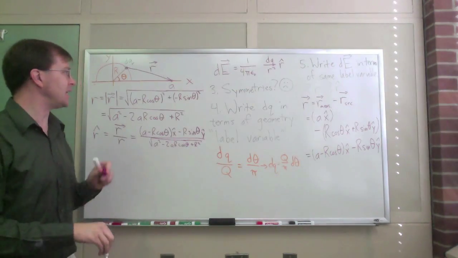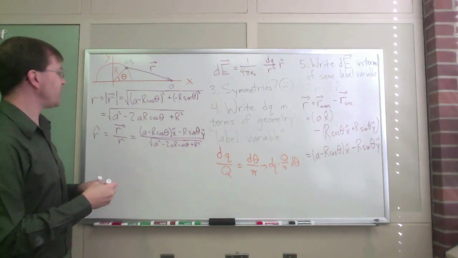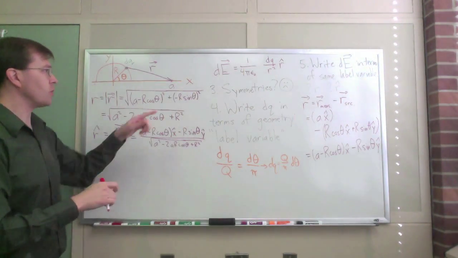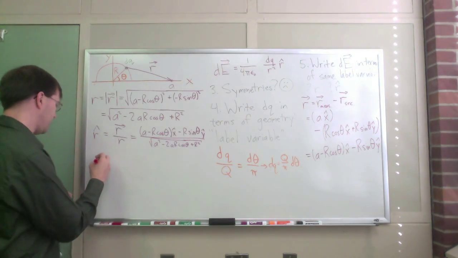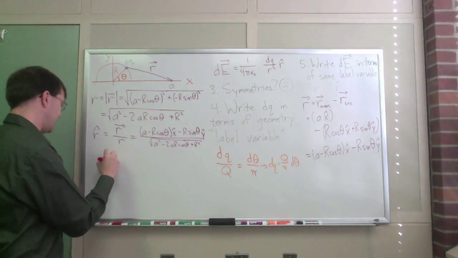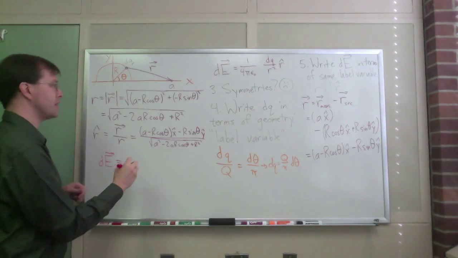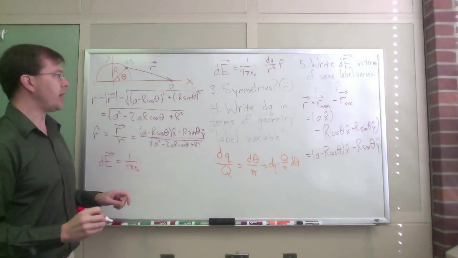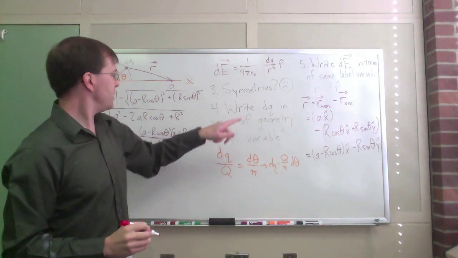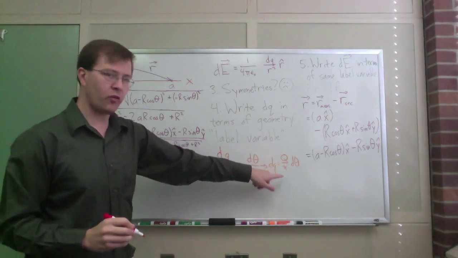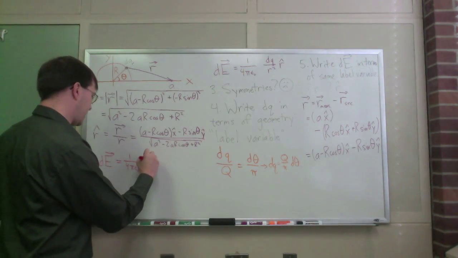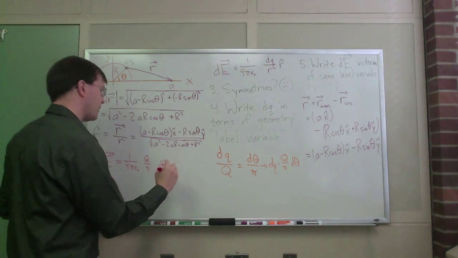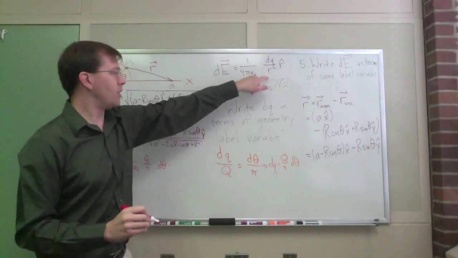Now I have all the pieces I need for my dE vector. Let me just write down exactly what I get plugging in all the pieces to write dE vector in terms of the label variable. I get that dE equals 1 over 4 pi epsilon naught times, okay, dq is q over pi d theta, so I can put that in, q over pi d theta, times r hat over r squared.